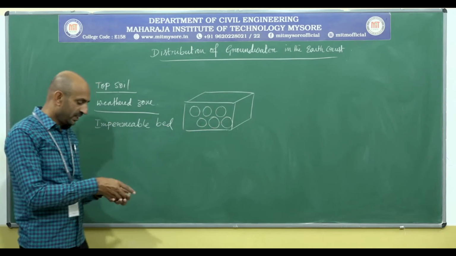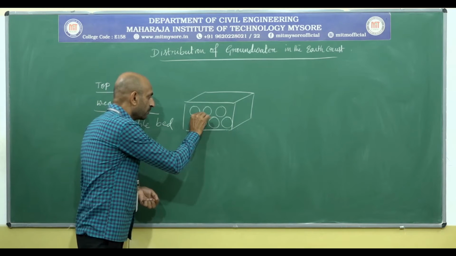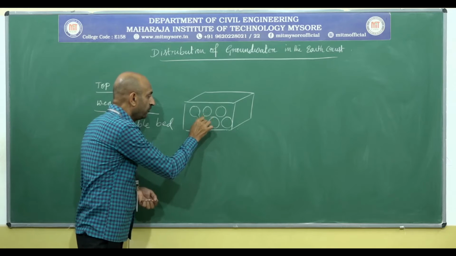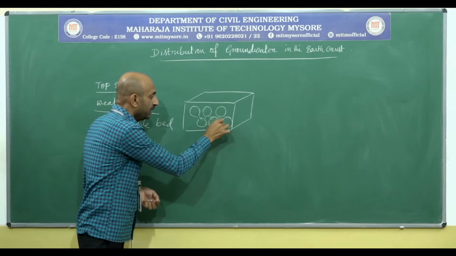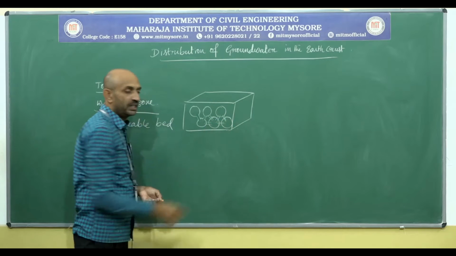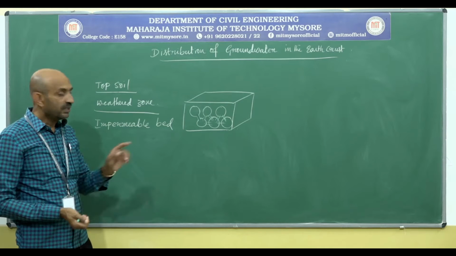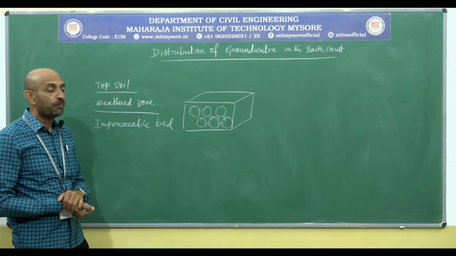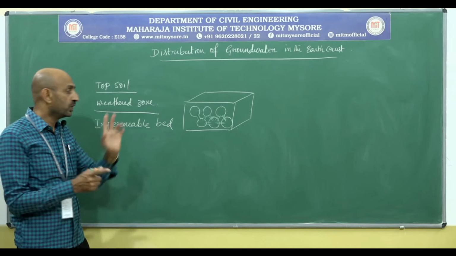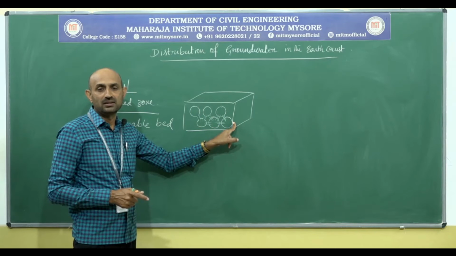interconnected to form conduits or pathways, then the water can be extracted. If they are interconnected, then they will act as conduits or pathways for the movement of groundwater from one place to another place.